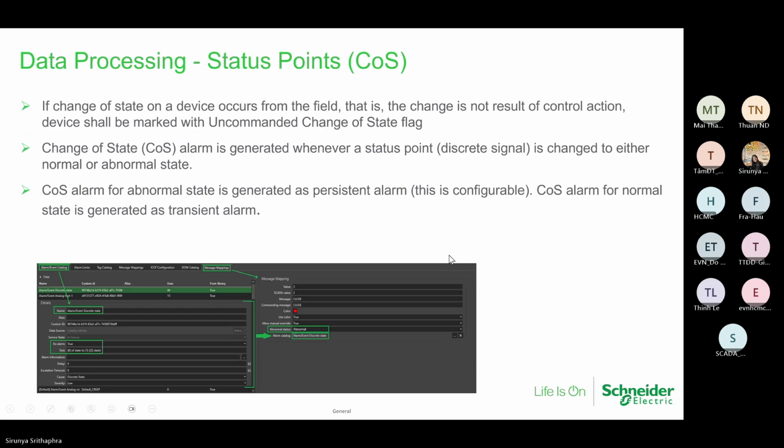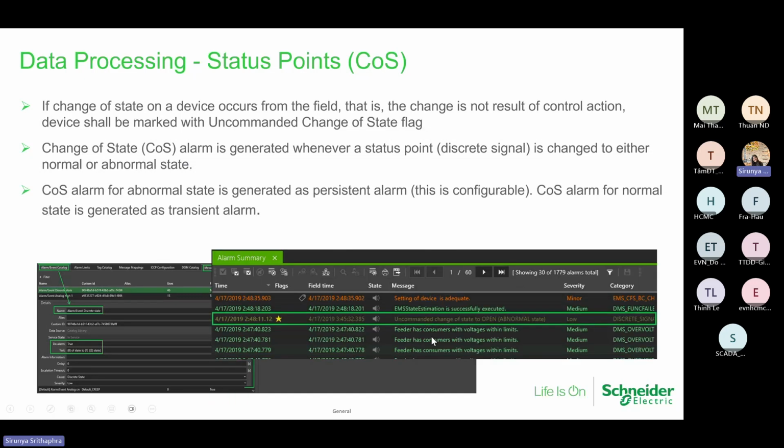Yeah, and we are also able to provide the alarm: which state we go to alarm, and how it shows in the alarm event or something like that. Tomorrow we will discuss that.